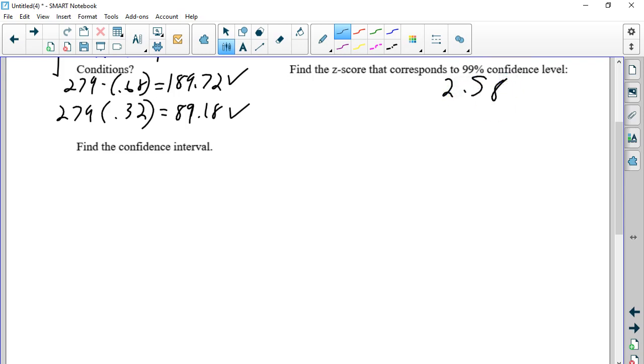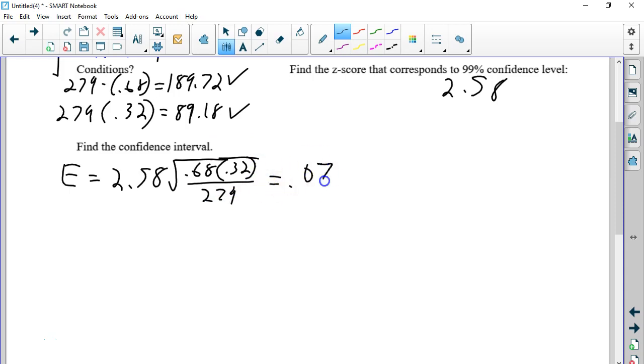So now let's do our confidence interval. First off, our margin of error is going to be 2.58 times the square root of 0.68, p hat, times 0.32, which is 1 minus p hat, over 279. That equals 0.072. My confidence interval, again, is p hat plus or minus that number E, 0.072.